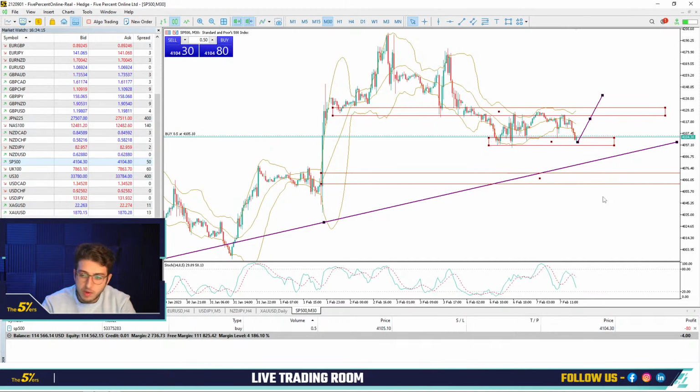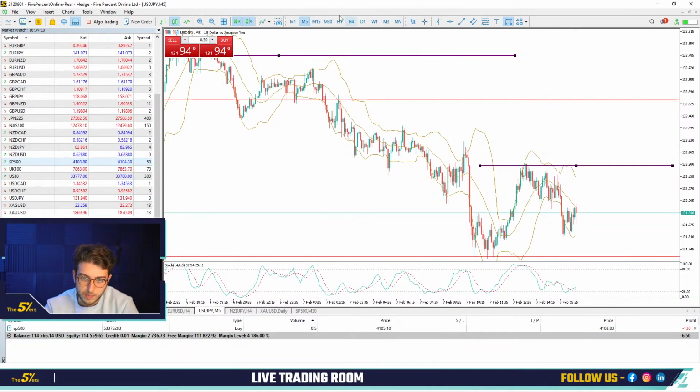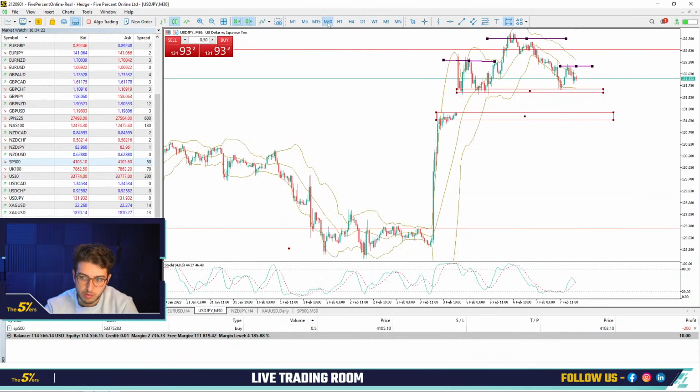Analyze dollar yen. I already analyzed the dollar yen, but I also wait for any reaction. But we don't have any reaction here.